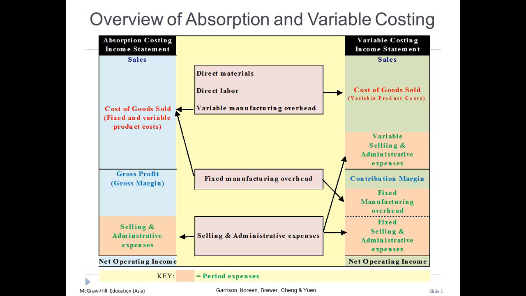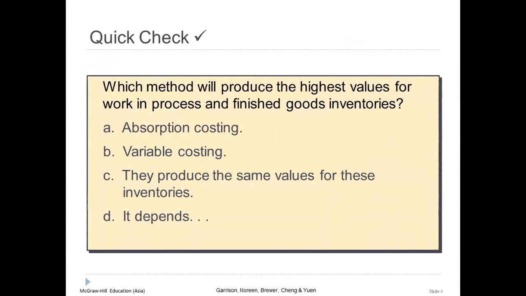Fixed manufacturing overhead and both variable and fixed selling and administrative expenses are treated as period costs and deducted from revenue as incurred. So think about the impact of each method on inventory values. And then let's answer the next couple questions. Which method will produce the highest values for work in process and finished goods inventory?